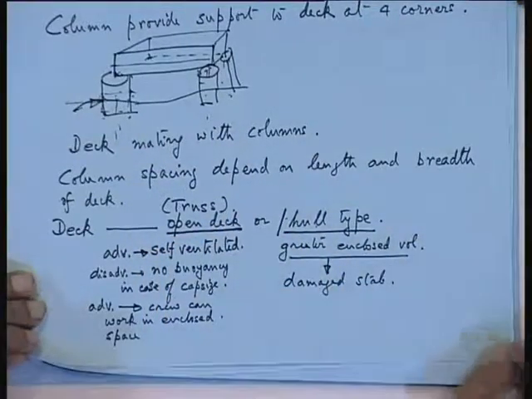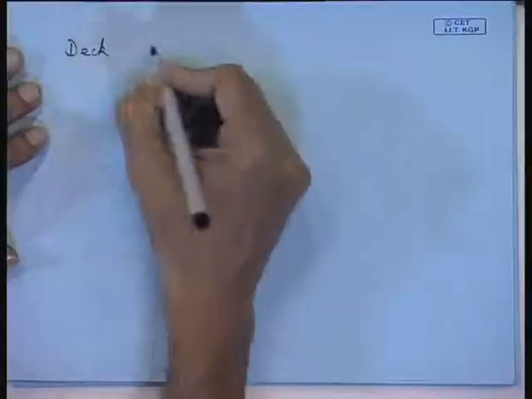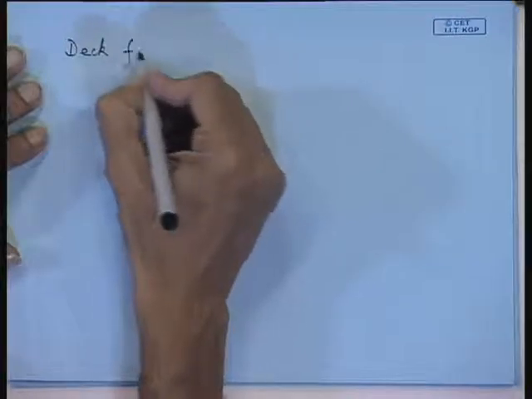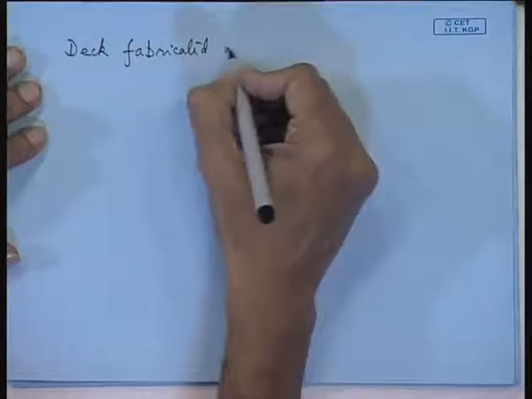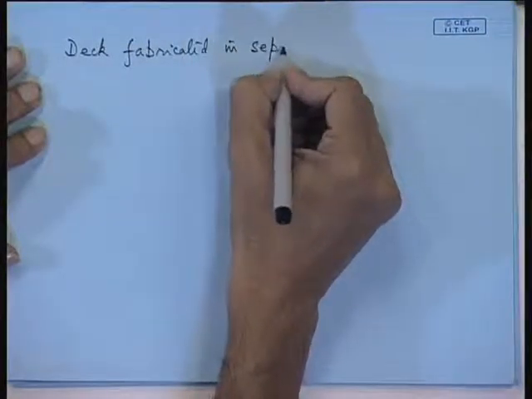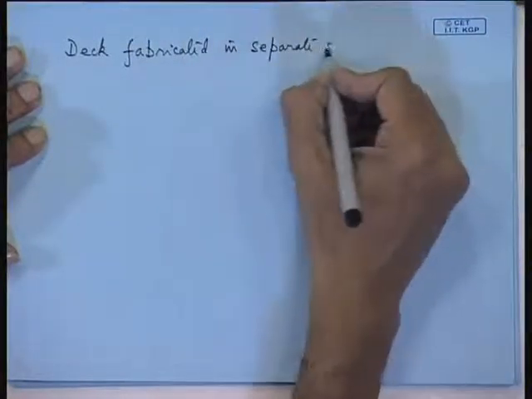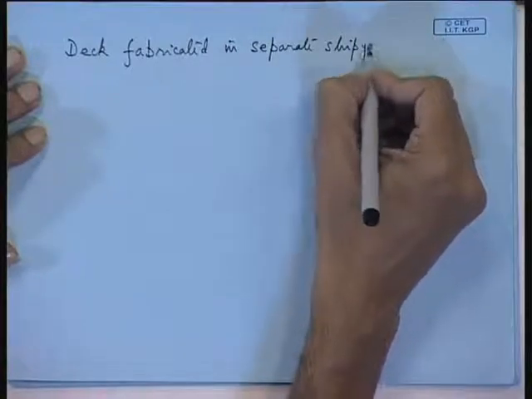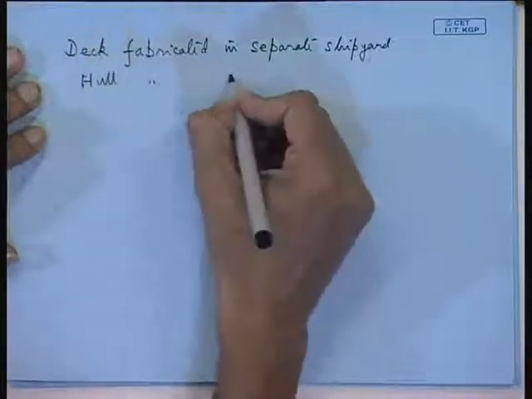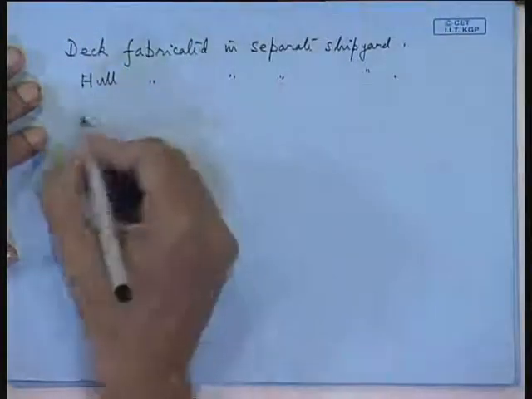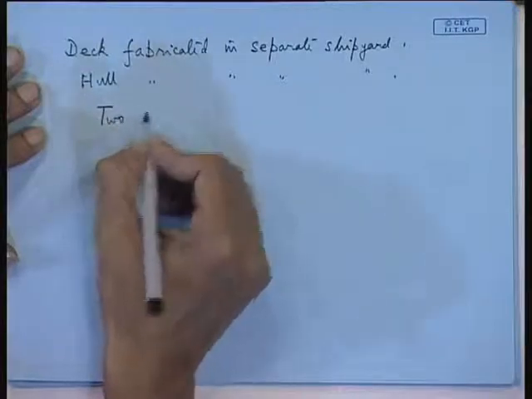Now, with these two types, you will find sometimes the deck is fabricated in a separate shipyard altogether, and the hull is also fabricated in a separate place and the two are joined at site.